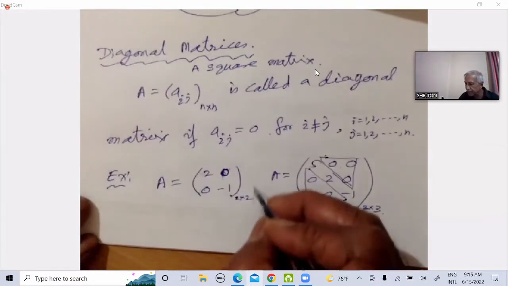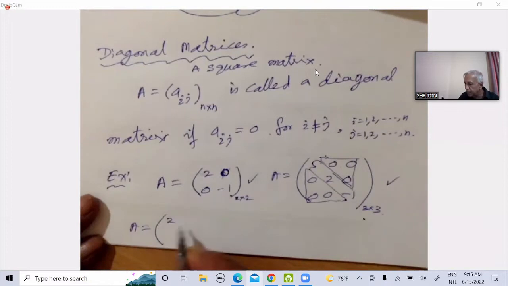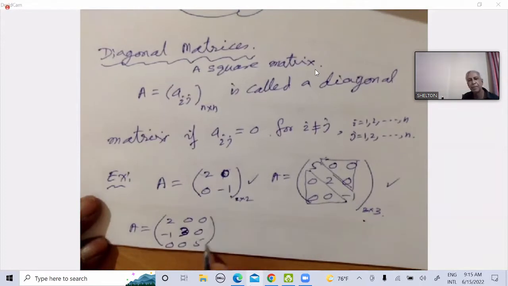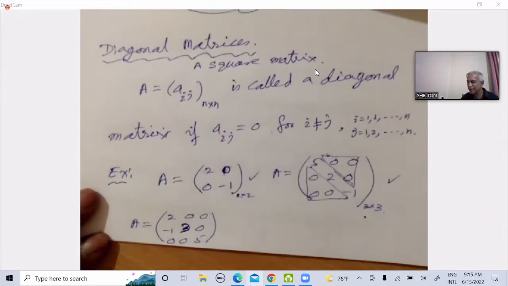If I take A to be, say, 2, 0, 0, minus 1, 0, minus 1, 3, 0, 0, 0, 5. Is this a diagonal matrix? Students?